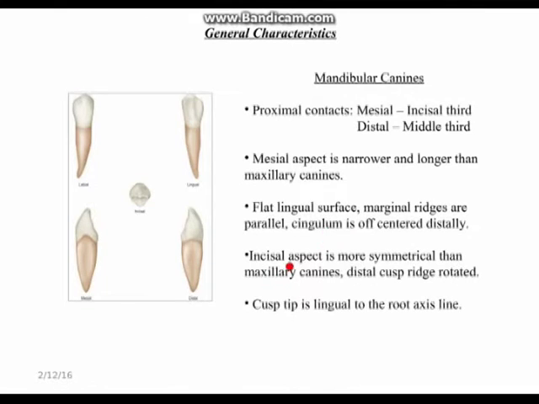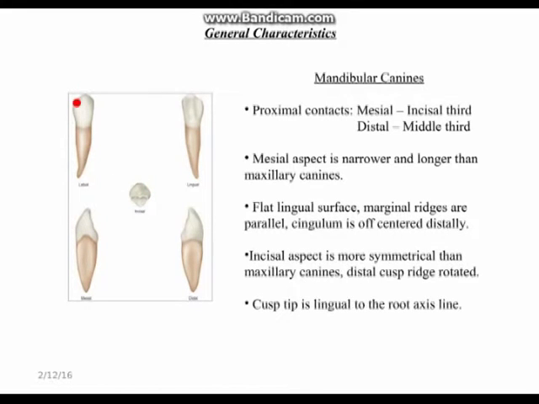We already know that. Incisal aspect is more symmetrical than maxillary canines. The distal cusp ridge is rotated. So the incisal aspect is more symmetrical in general over here than the maxillary canines, and the cingulum is off-centered distally. Okay.